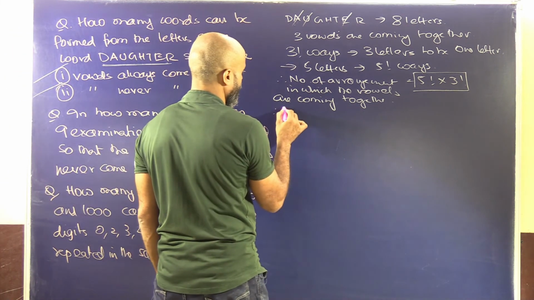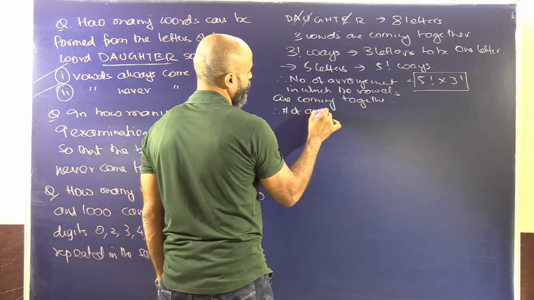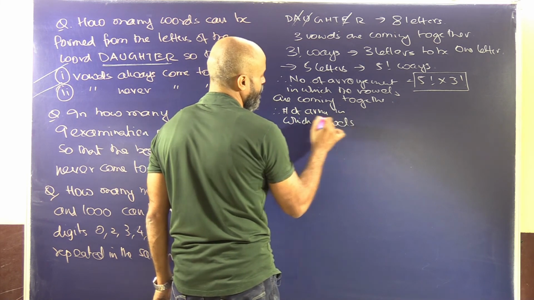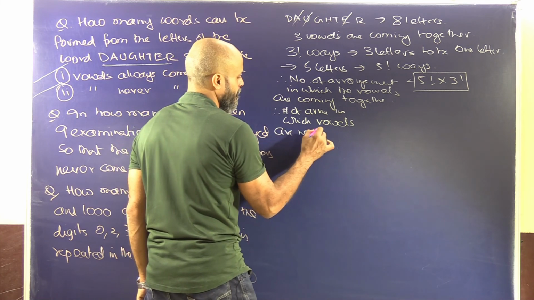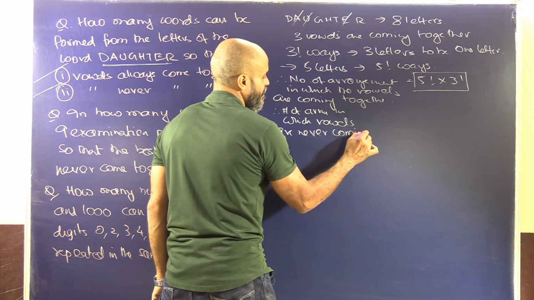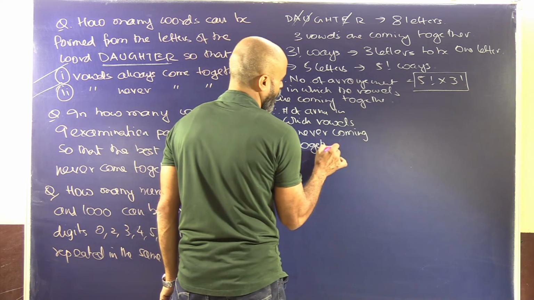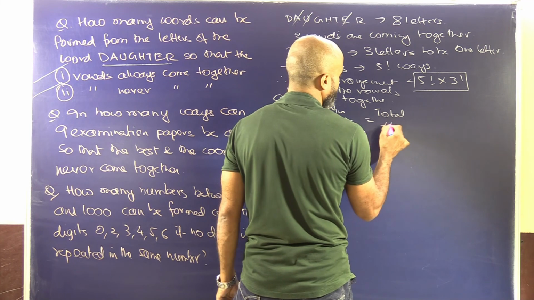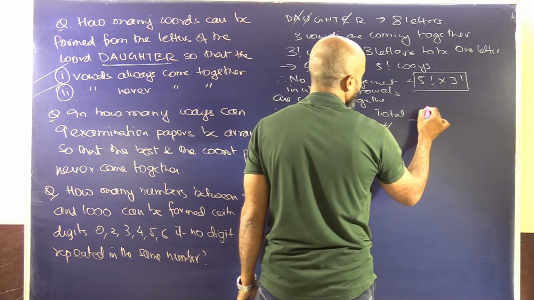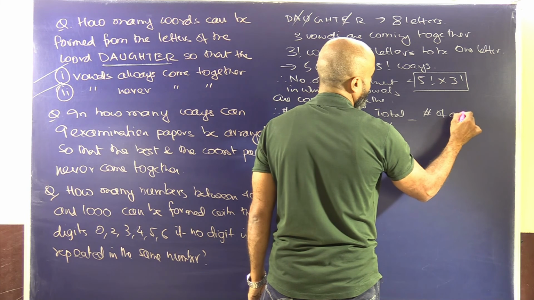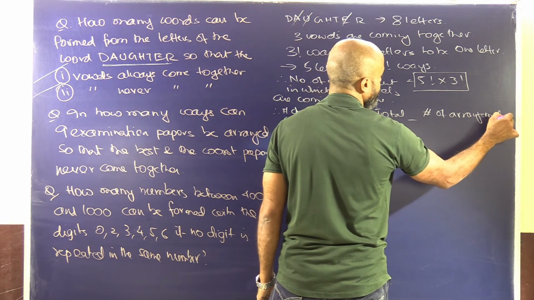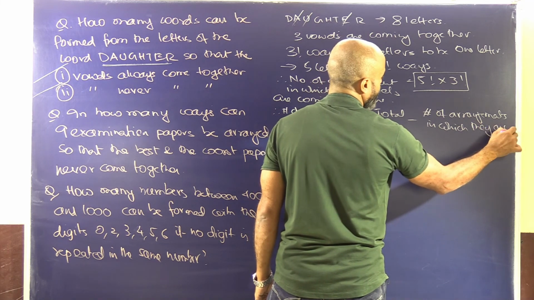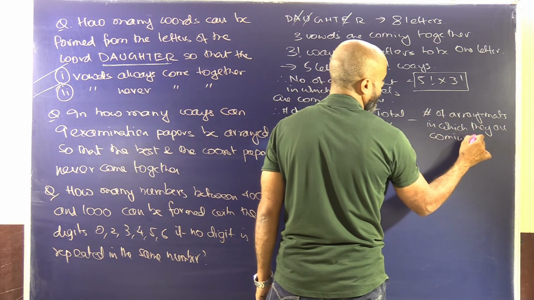The number of arrangements in which the vowels are never coming together will be equal to the total number minus the number of arrangements in which they are coming together.